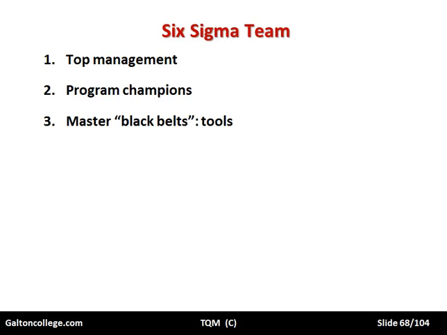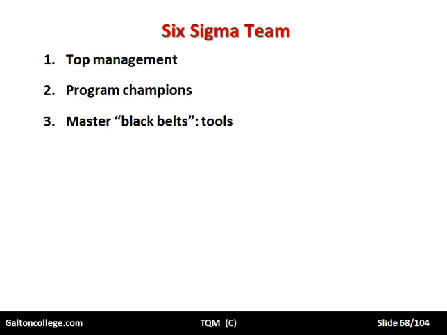So product champions, people who push the importance of certain products. Then we have terms like master black belts. These are people who are particularly keen on Six Sigma and understand all the issues and can fix problems and can motivate the workers and can come up with designs for the product and for the production system which will enable it to happen.